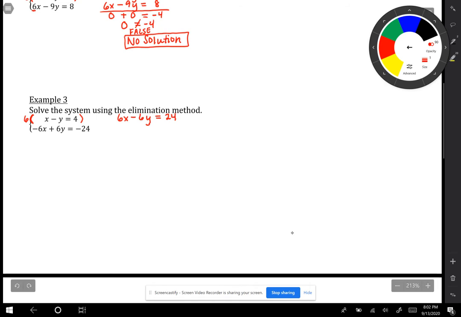A lot of students will put 6x minus 6y equals 4. Therefore, it is so crucial to put these parentheses. Even if you're the best of students, sometimes you make the mistake. Negative 6x plus 6y equals negative 24. This is 0 plus 0. That's 0. 0 equals 0. That's true. Infinitely many solutions.